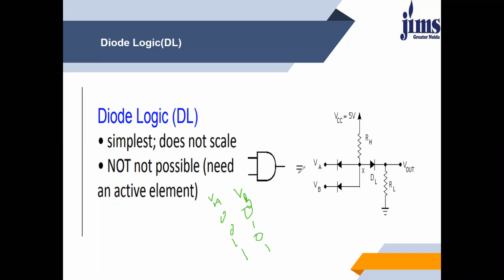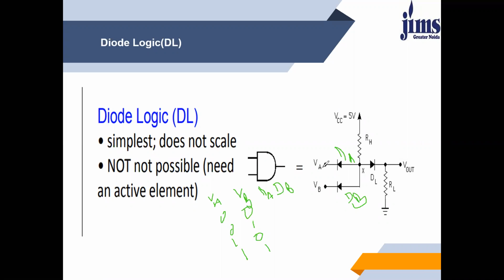Let's check, this is diode DA, this is diode DB. Let's check which diode will operate, DA or DB.